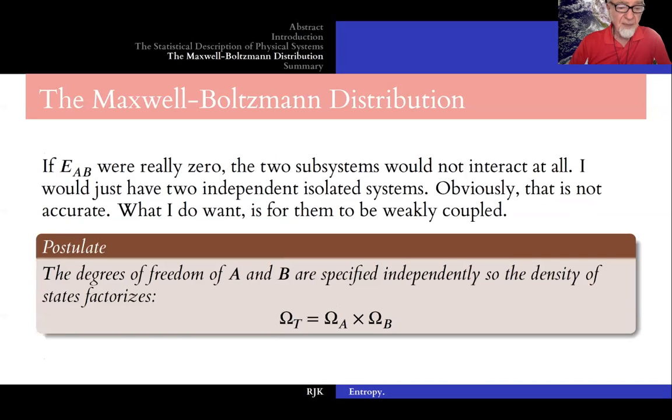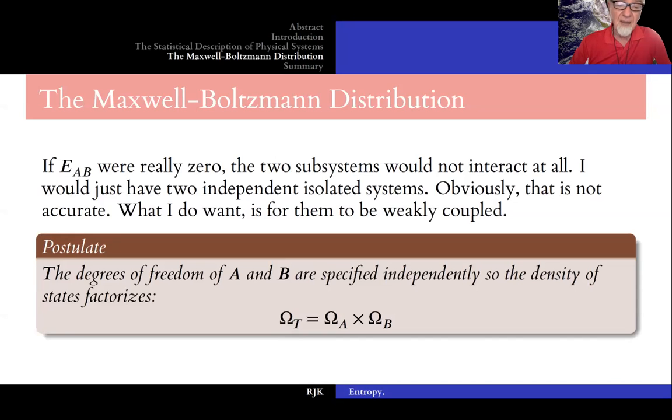Now this should immediately set up red flags all over the place, because if EAB were really 0, the 2 subsystems would not interact at all. I would have 2 independent, isolated systems.